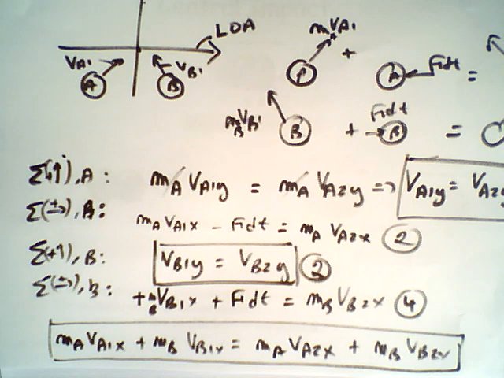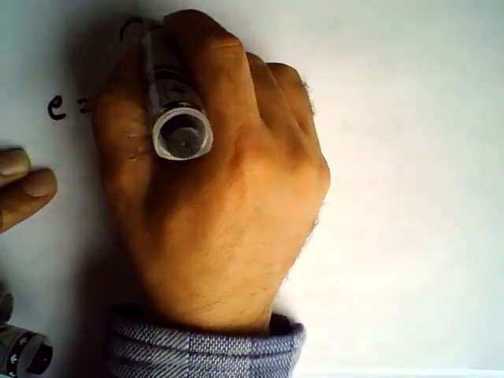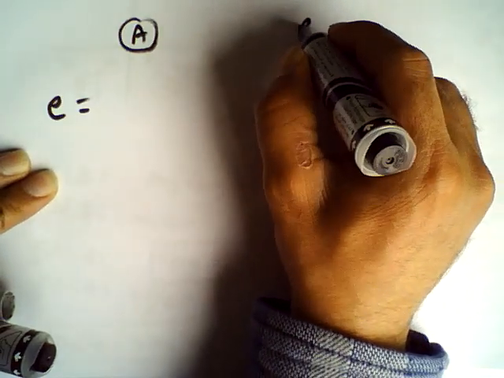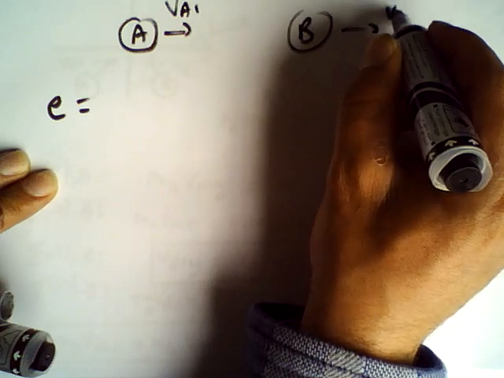So that last equation is going to be introduced to you right now, and this equation is called the coefficient of restitution. The coefficient of restitution is basically a number that defines the collision, or the ratio of the velocities after the impact, and this is given to you by E. If I have two balls, A and then B, they were traveling with VA1, VB1.